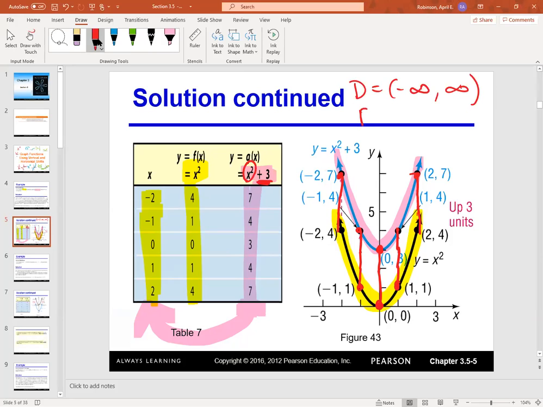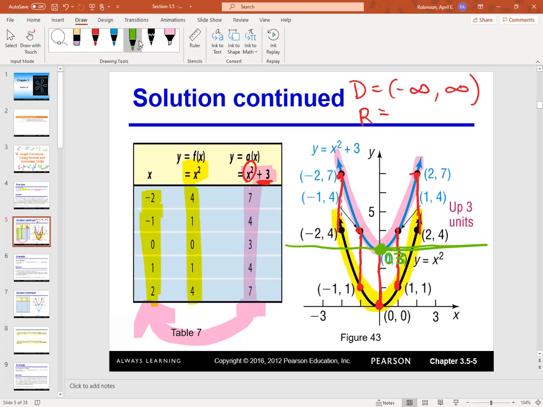So eventually, if it keeps going and going, it's going to stretch across the x-axis. Now, the range is different. The range is where this thing bottoms out, and it bottoms out right here. So the lowest point is the vertex, and that one has the coordinates of 0, 3 right there.